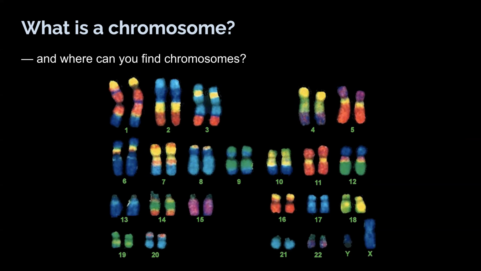So this is from a human. And this highlights the 23 different kinds of chromosomes that humans have. You can see the sex chromosomes in humans are the 23rd pair. This individual has an X and a Y, making them a male individual. It also highlights the fact that the other chromosomes exist as pairs.